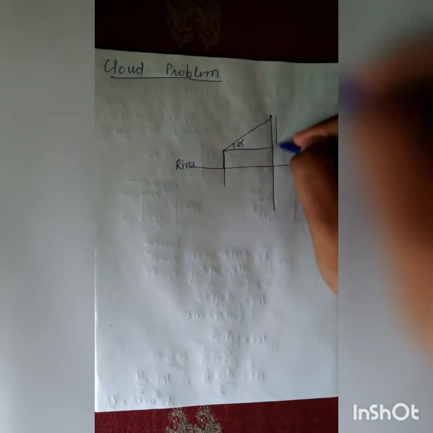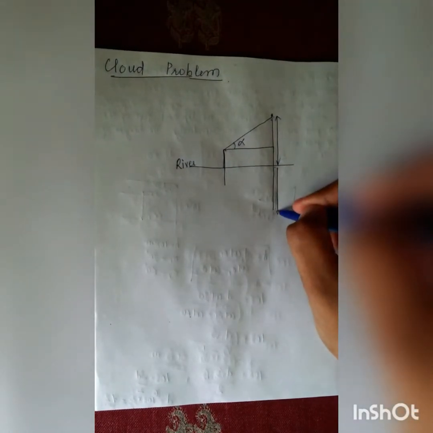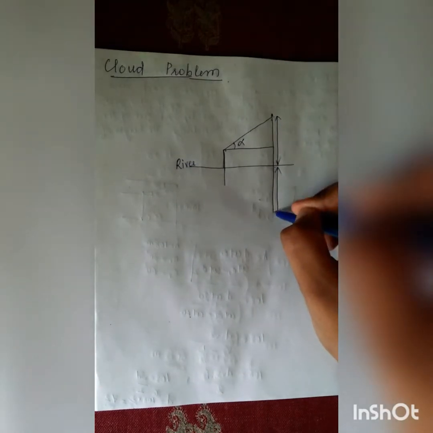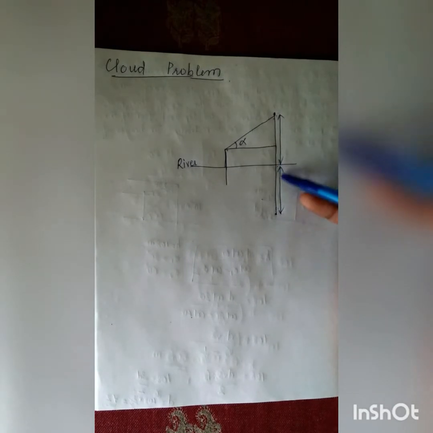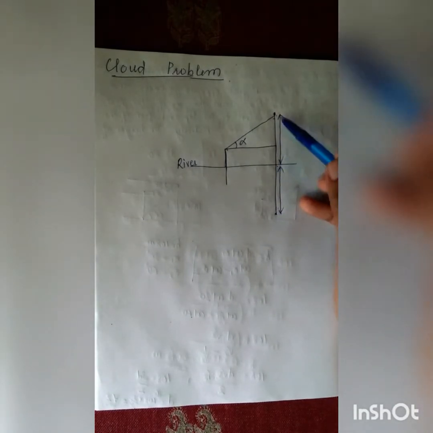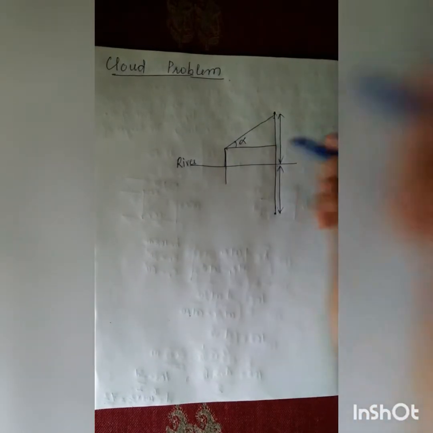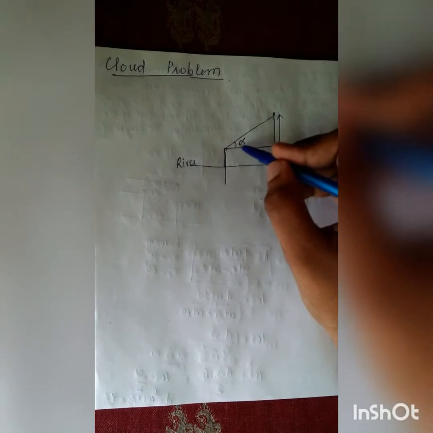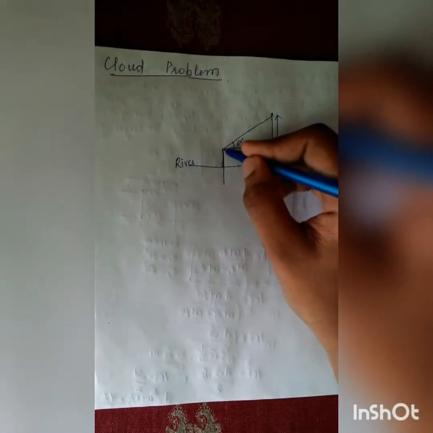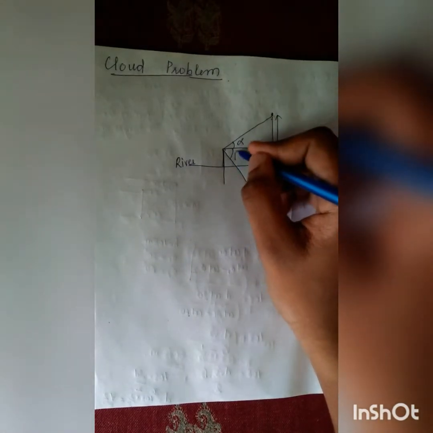So these both will be of the same distance, because the same distance we will find the image in the river and the original cloud. So we are given the angle of elevation of the top of the cloud and the angle of depression of the bottom.